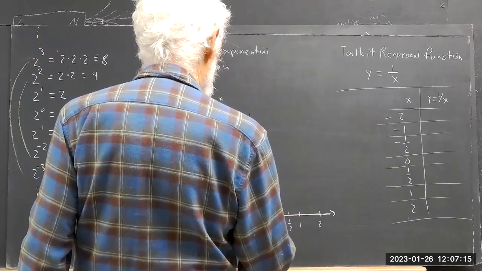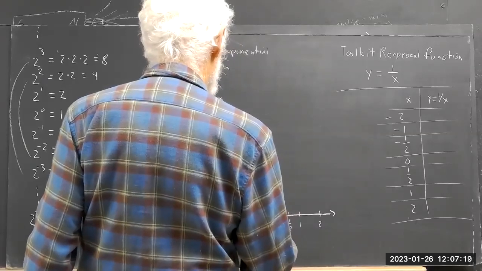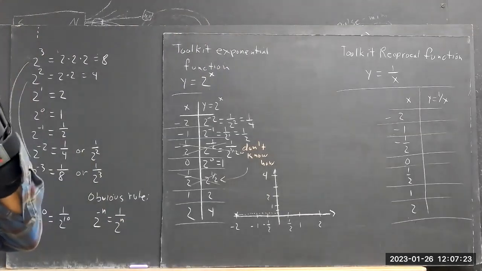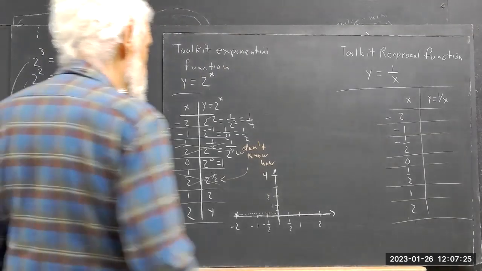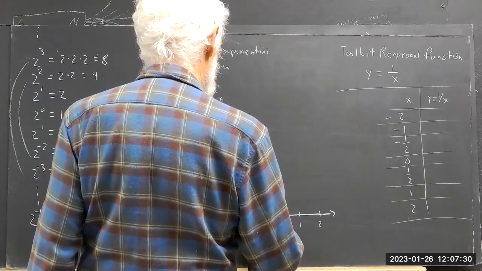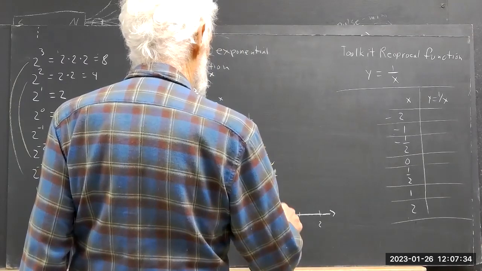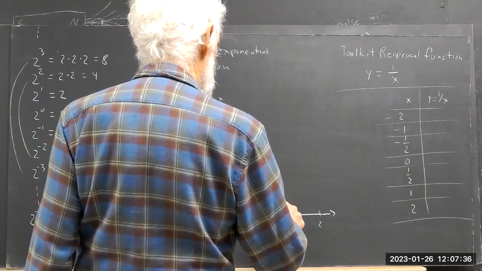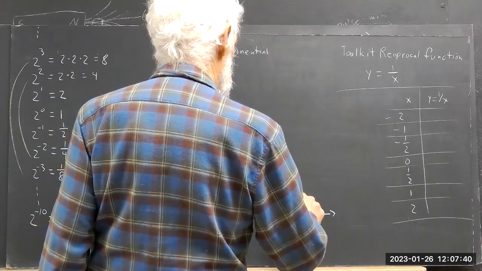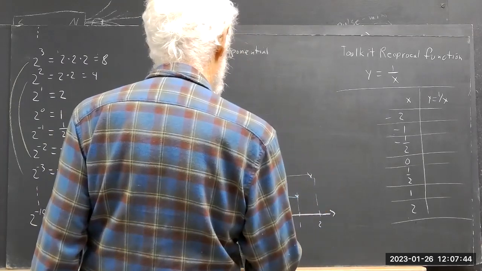Well, here's 1/4. Now they're pretty close to the x-axis. Okay. And then -1, we get 1/2, so we get a point here. At x equals 0, we get 1. At x equals 1, we get 2. At x equals 2, we get 4.